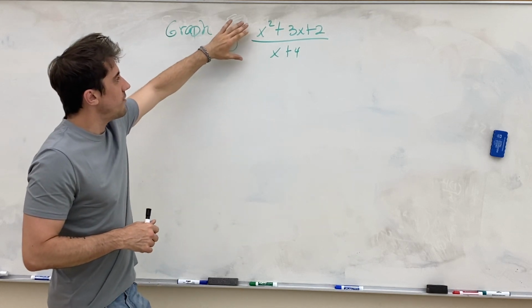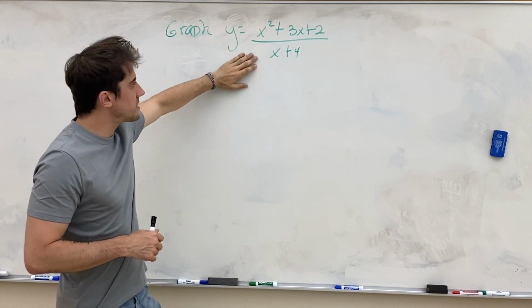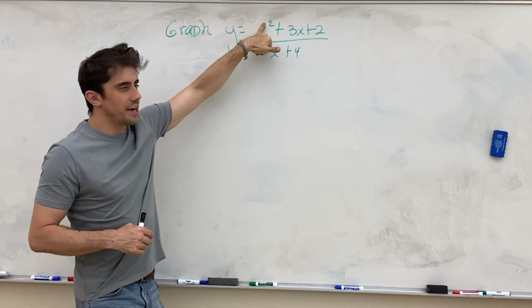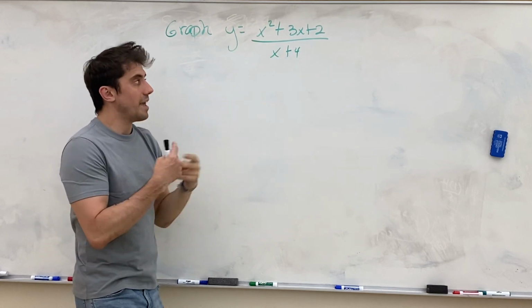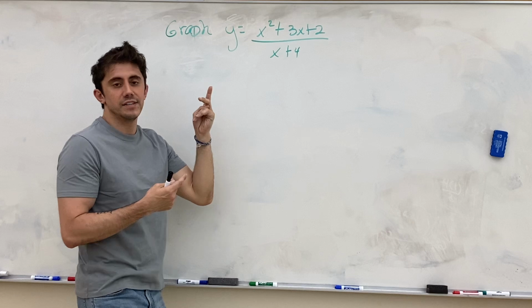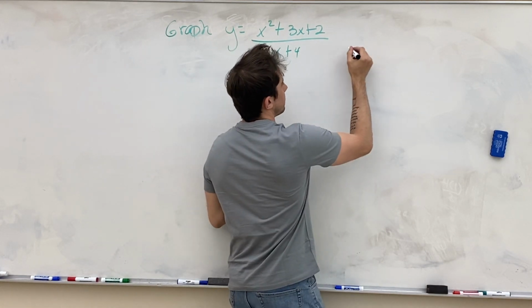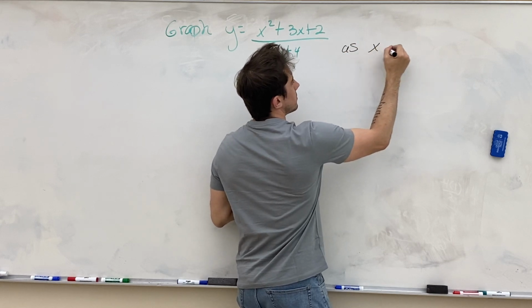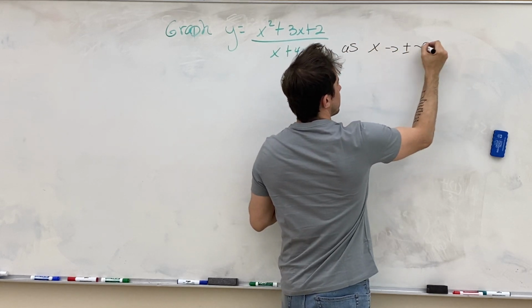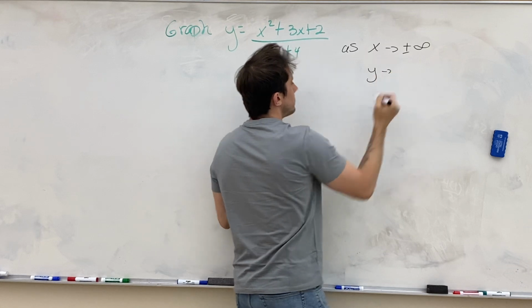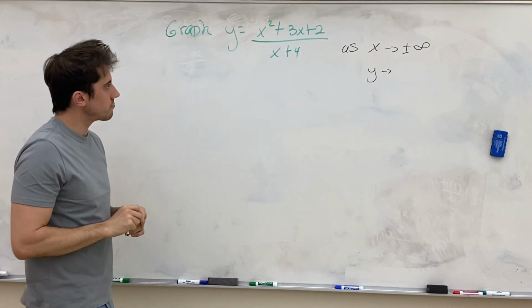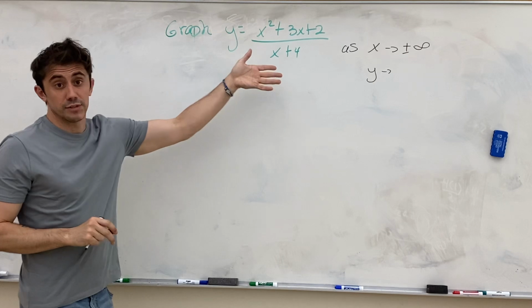And so if we apply that logic to this function, since our degree is higher in the numerator than in the denominator, as x goes towards positive or negative infinity, y is also going to do the same, right?